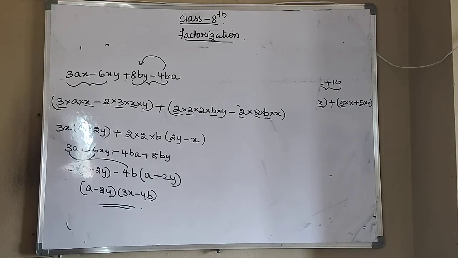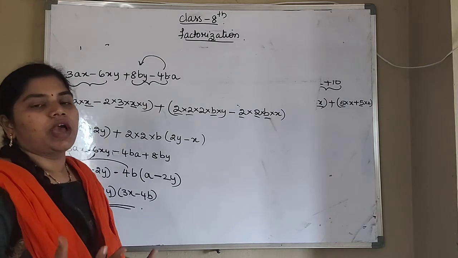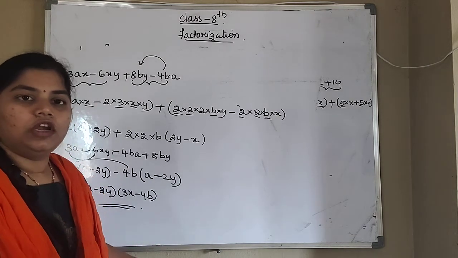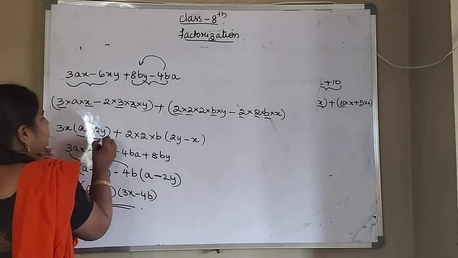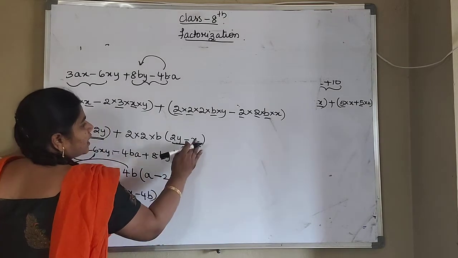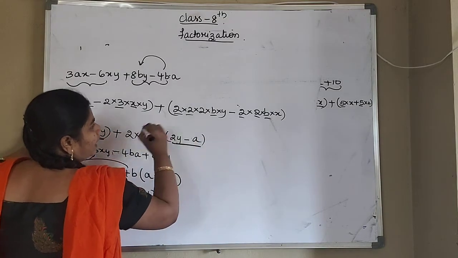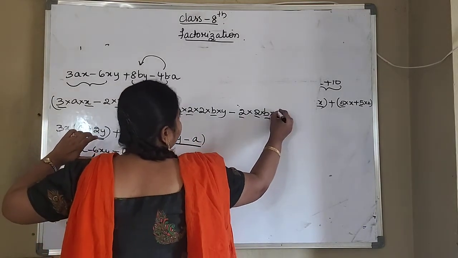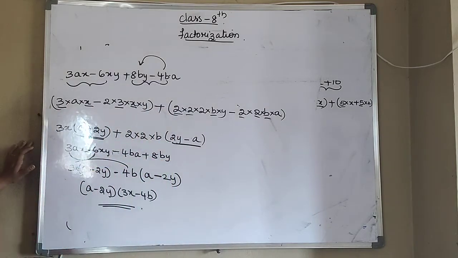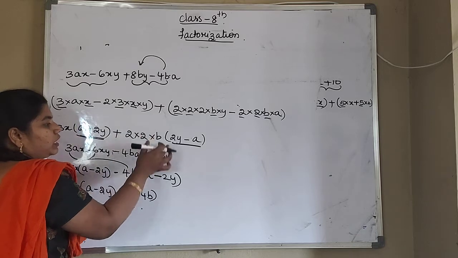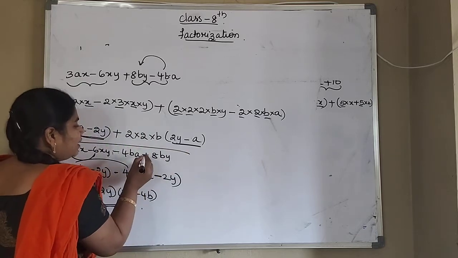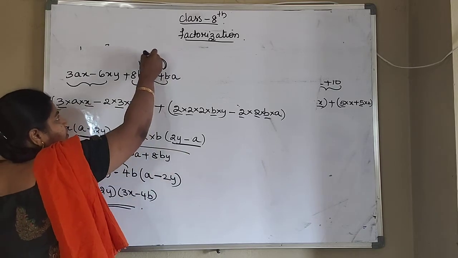So whenever it is necessary, only then you have to rearrange. If not, no need. In this case it is necessary because these 2 terms were not common. Actually this is not x, it should be a. Our question is wrong there. Okay, so these two common factors were not equal. That's why again I have rearranged, I have shuffled these two terms.